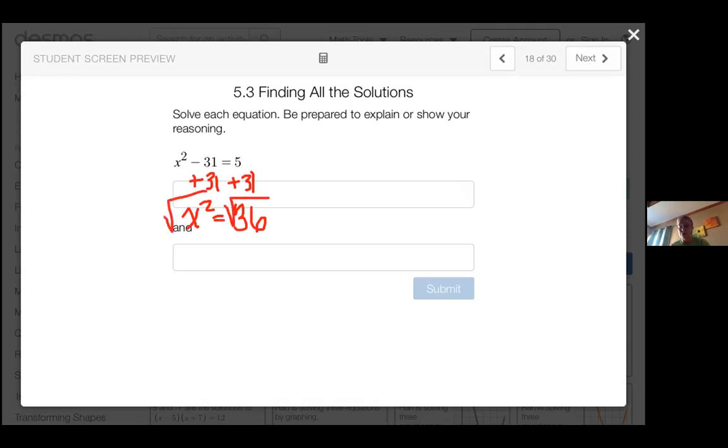I wrote the square root, so my answer is plus or minus. I do the square root of 36 in my calculator and I get 6. So my answers are 6 and negative 6. Again, I can take the square root approach when there's no x term.